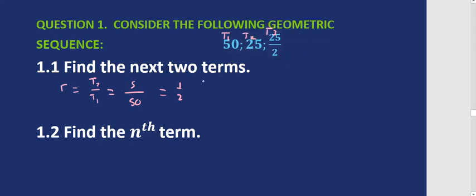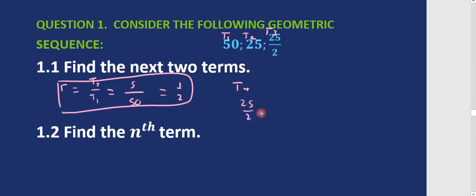So the question is asking us to calculate the next two terms. Of course, we're going to use the common ratio. So to calculate term 4, we'll take term 3 and multiply it by a half because our common ratio is a half. So term 4 will be 25 over 4.